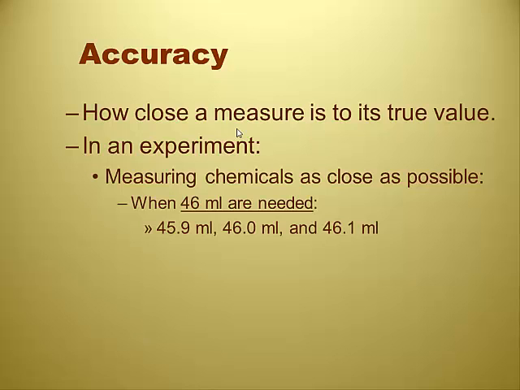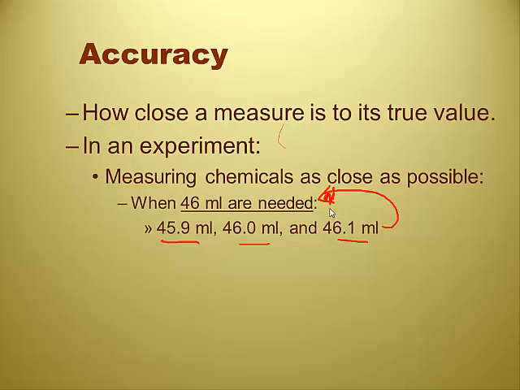Exactly. The fact that these three are close to each other is precision, just comparing them to each other. Comparing them to what you wanted to get, or what the correct answer is, is where accuracy comes in.